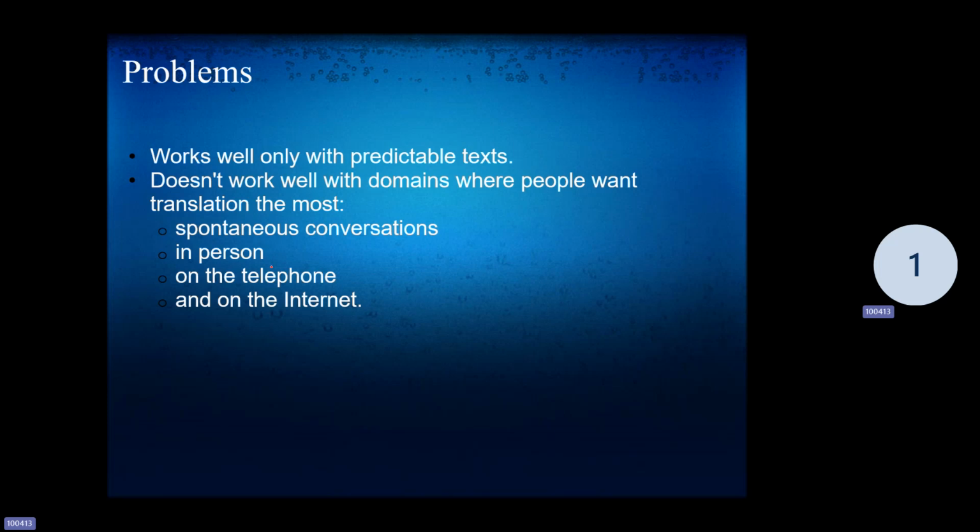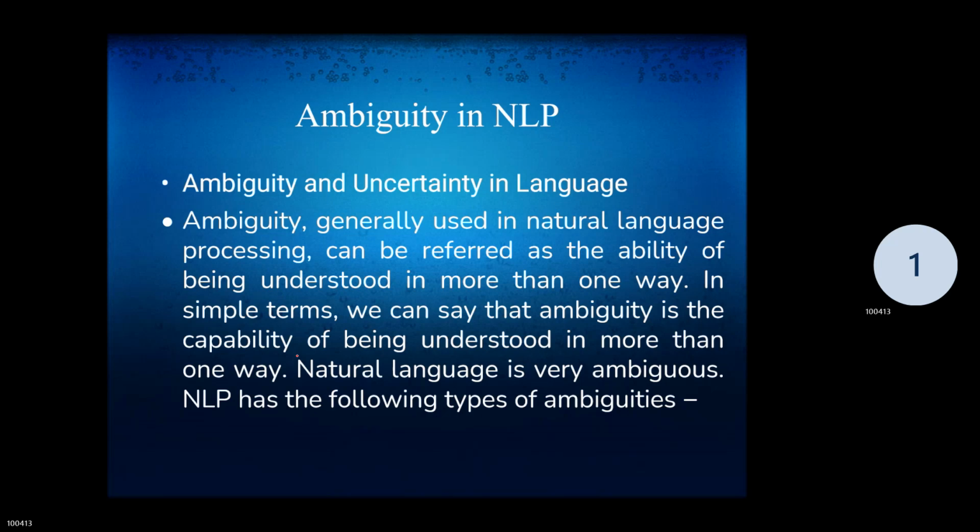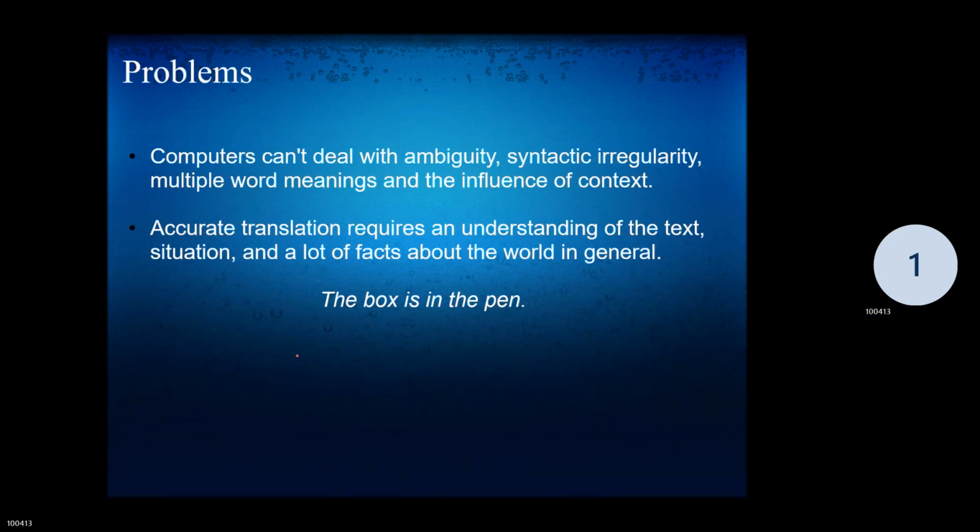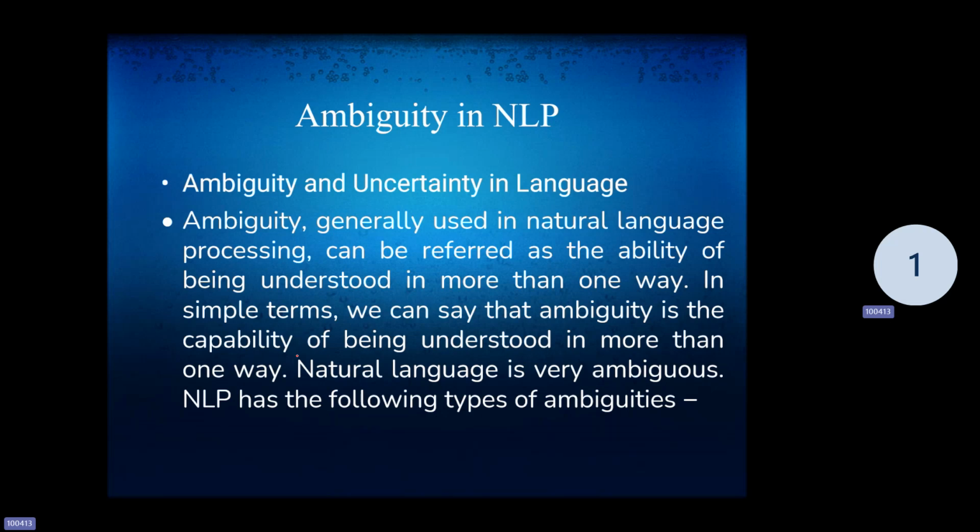Only text translators are there on the telephone and on the internet. So the main task of natural language processing is to translate your language into machine-level language. There are so many ambiguities present, or these are some of the problems with NLP.